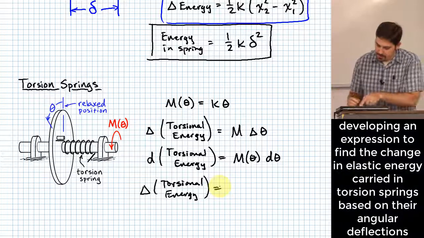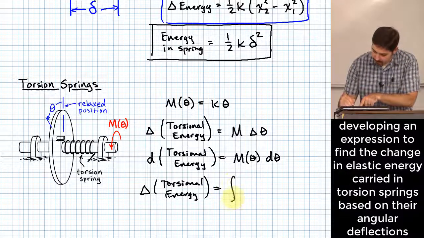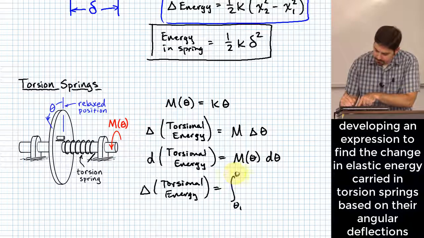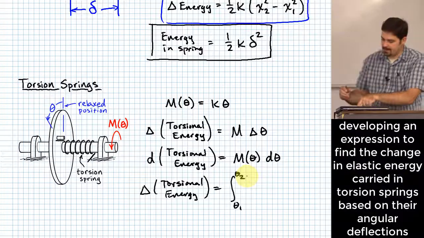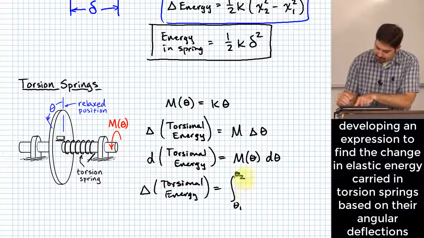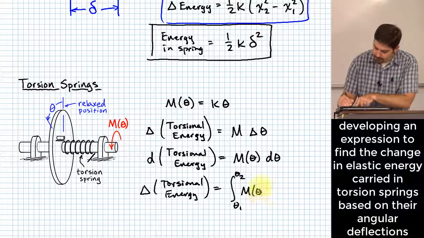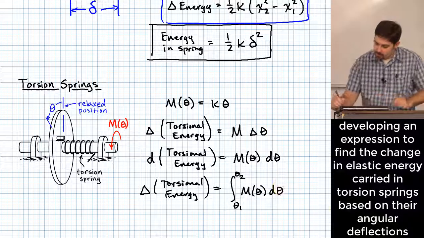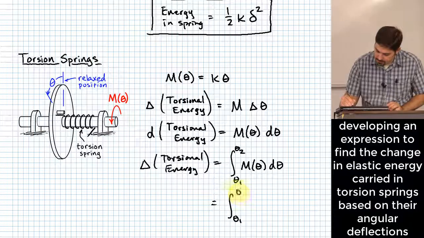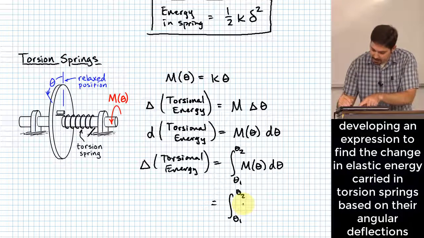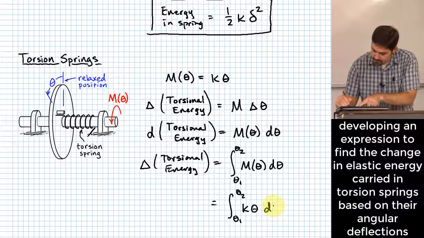And it's just going to be equal to the integral from one theta to another. So that's kind of like a starting theta and an ending theta of M of theta d theta. For our particular case, this is going to be equal to k times theta d theta.